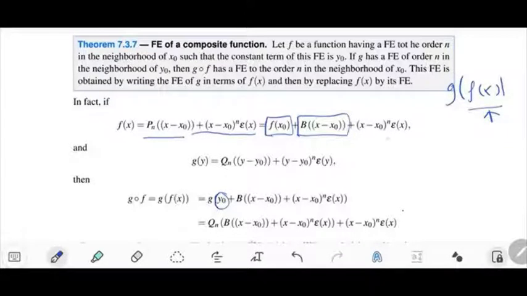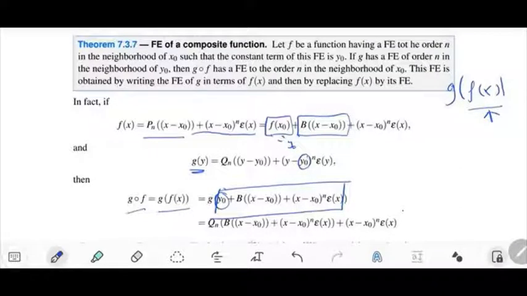Then if we have the finite expansion of g in the neighborhood of y0, and if f of x0 is equal to y0, then g of f of x is written as g of y0 plus b x minus x0 plus x minus x0 power n epsilon x. So now we have g of all this, right? So if you have this expansion of g in the neighborhood of y0, you can replace y in this expansion by this whole expansion because you are starting by y0.